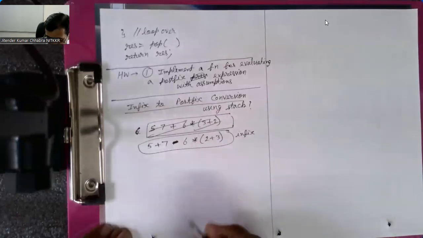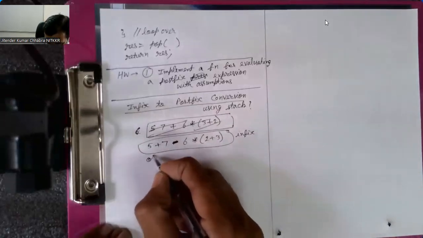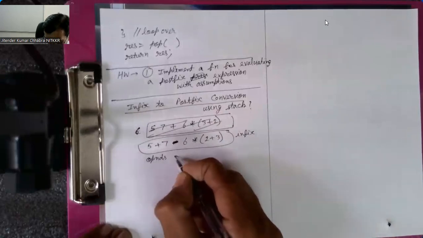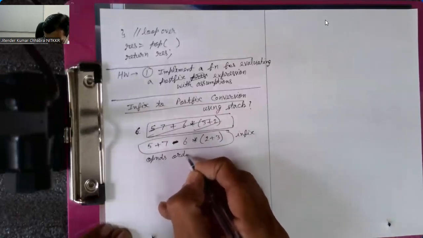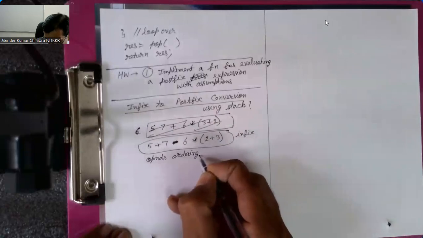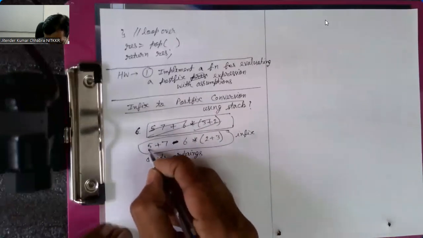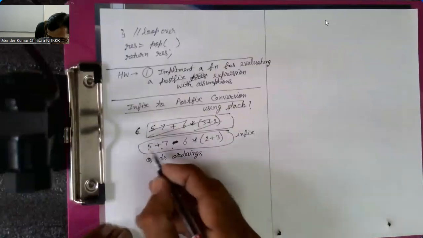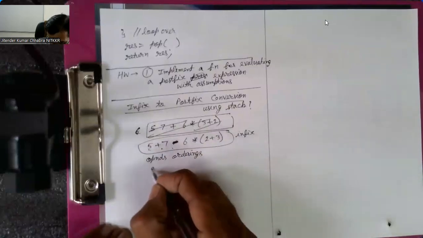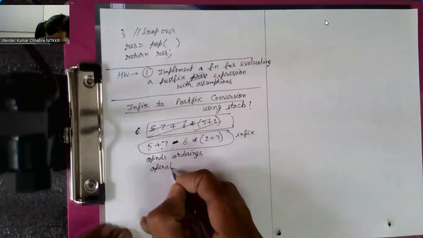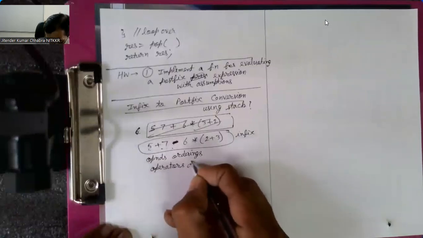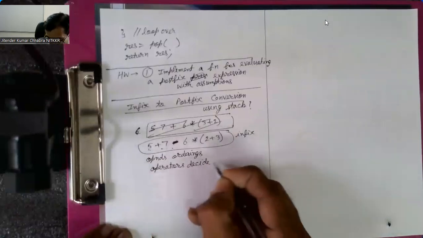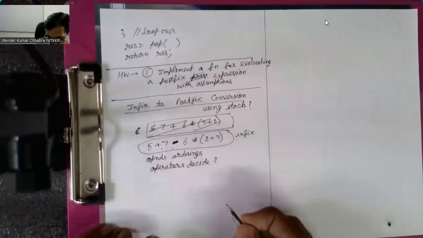One thing is clear: the ordering of the operands will always remain the same, because one is left operand and the other is right, so they always follow this order. But operators make a difference. Operators decide which one will be operated on what data and in which way.